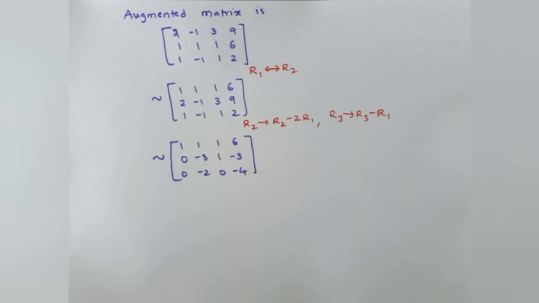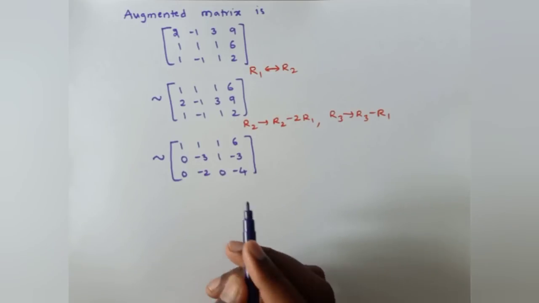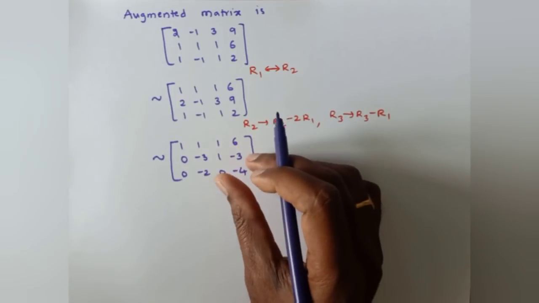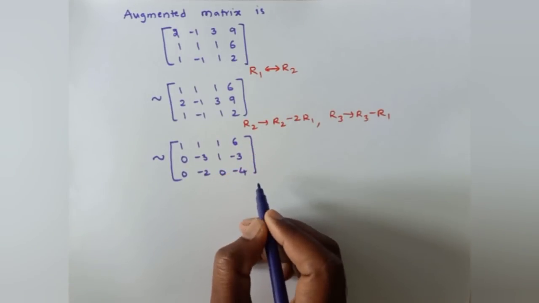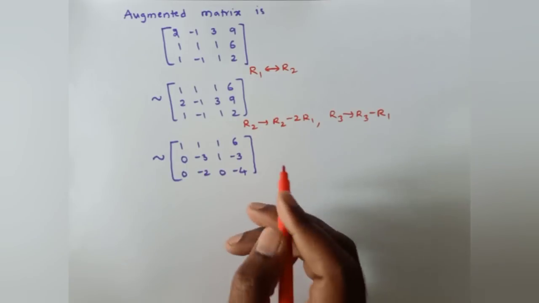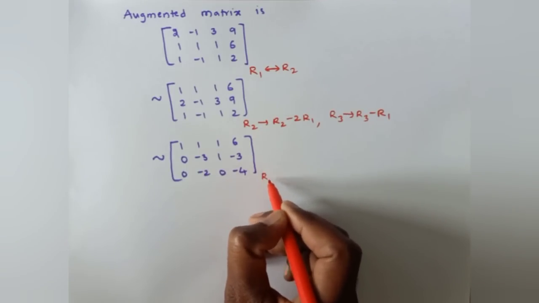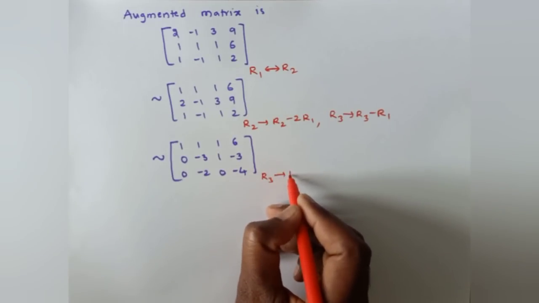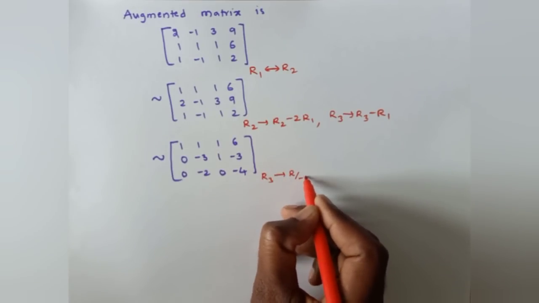Next, what is our target? To make the second row's second element 1. You can interchange these two, or I am applying R3 divided by minus 2, since these are multiples of 2.